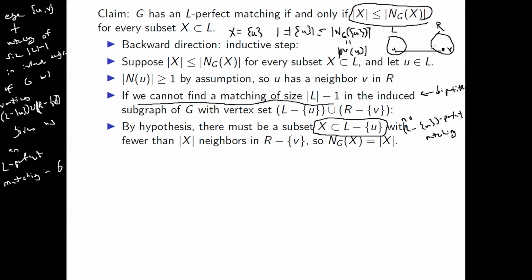So we can say that X had at least cardinality of X neighbors in R, but it has fewer than cardinality of X neighbors in R minus the vertex V. And if the neighborhood of X had size more than cardinality of X, let me put this over on the right side.